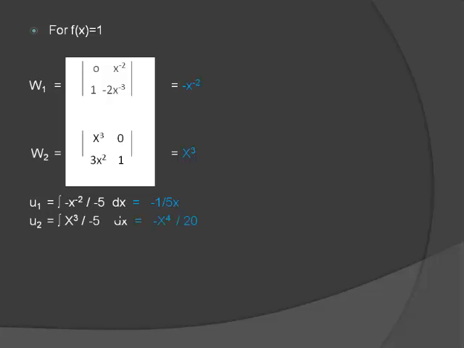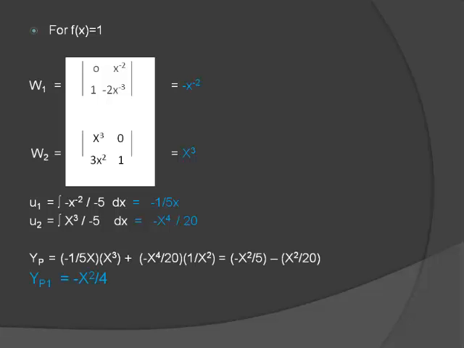And then for our u2, we have integral of w2 over w, which is equal to the integral of x to the power of 3 over negative 5 dx. So we have negative x to the 4 over 20. Then we substitute it to our formula u1 y1 plus u2 y2. So we have yp, which is equal to negative x squared over 4.